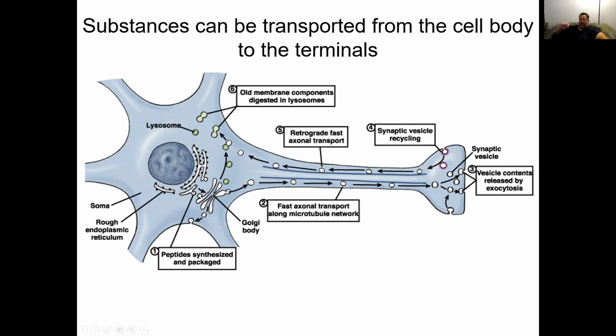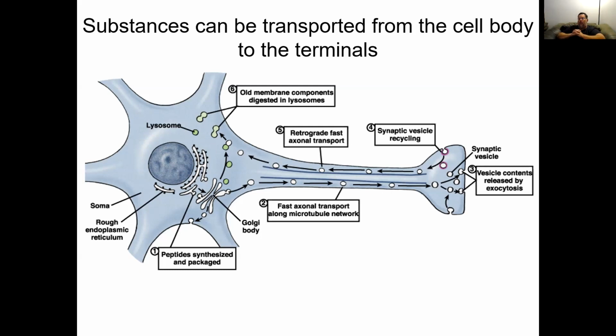The DNA gets transcribed, and hopefully you remember this from a general biology class or cell biology class, into messenger RNA. The messenger RNA then leaves the nucleus, travels to a ribosome, hooks up to a ribosome, and then gets translated, where amino acids come in and make a protein.